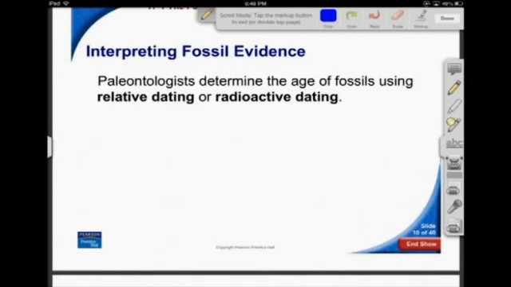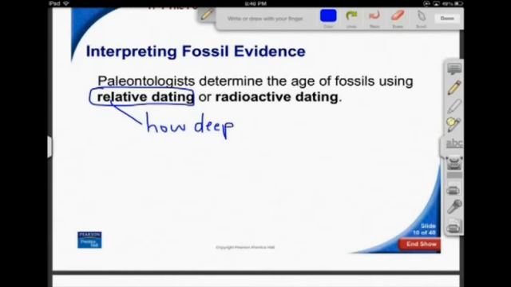How old would we know that fossil to be? Like, really, how can you tell? Well, I always talk about the locker concept, relative dating. Relative dating is really a way of saying, well, how deep in the earth is the fossil compared to others?